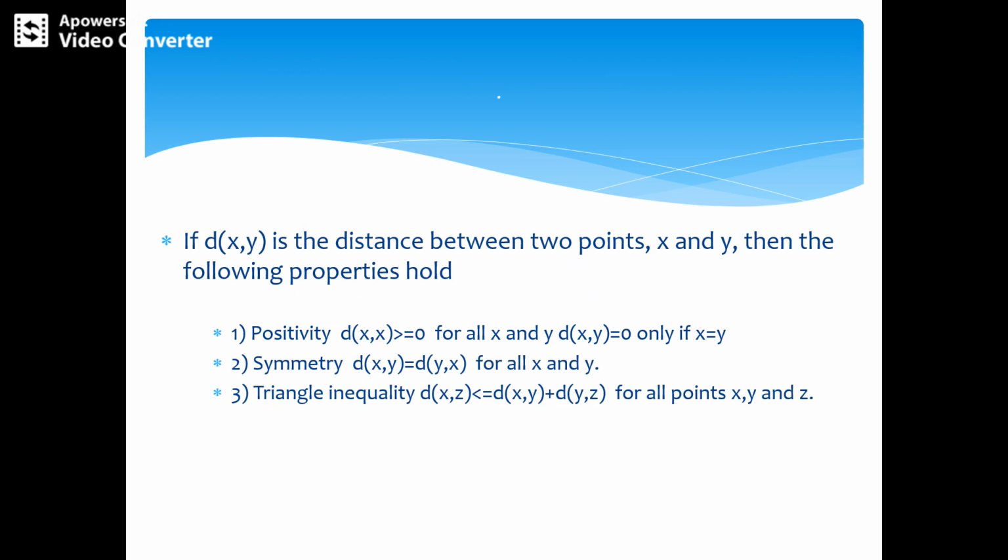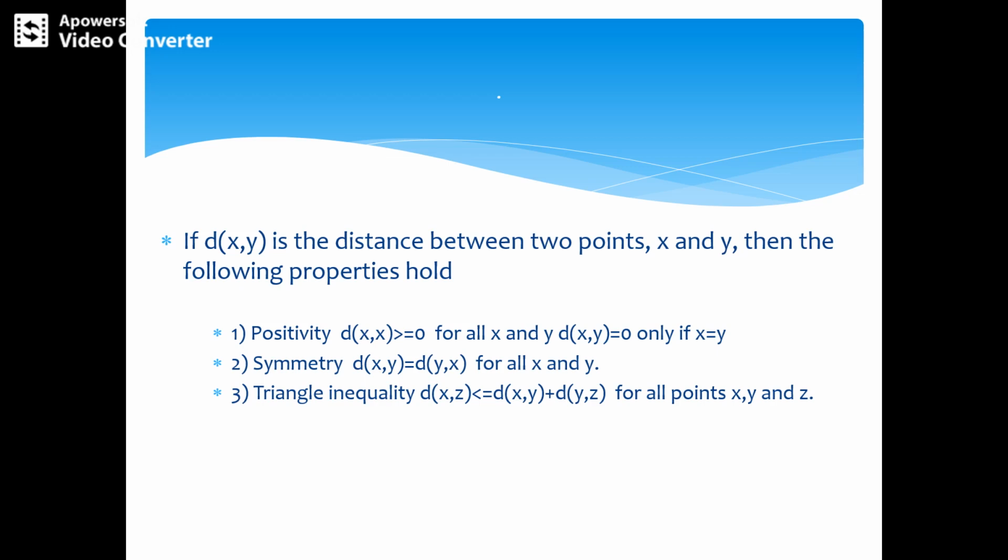If distance(x, y) is the distance between two points x and y, then these three properties should always hold true. The first property is positivity.